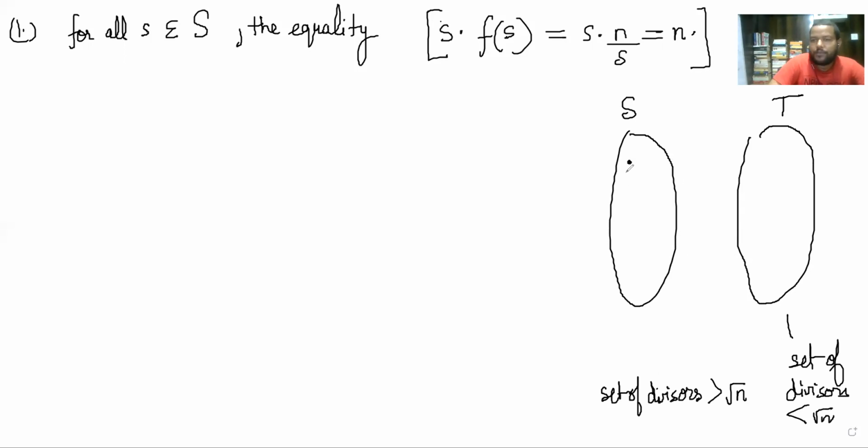If I define a function f(s) which gives the value n/s, a function from S to T, you can easily see that if I take an s input, since s is greater than root n, when you divide n by s, the output is less than root n, right?